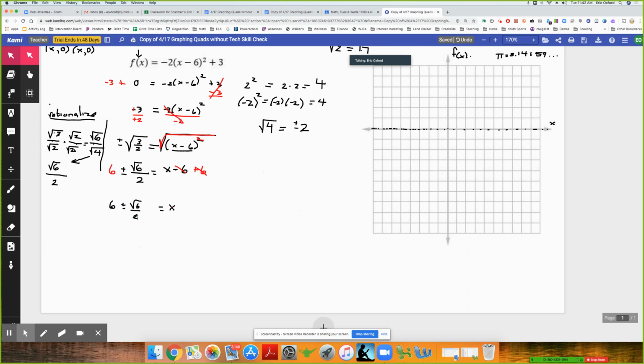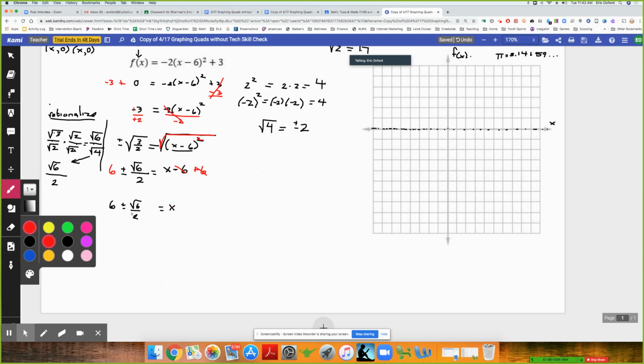So I want to get rid of the 2 down here. So I'm going to multiply in order to add these. So this here is 6 over 1, and I need to find a common denominator. And so I am going to multiply 6 over 1 by 2 over 2. And so this is some more fundamental math skills here that are coming into play in our algebra.